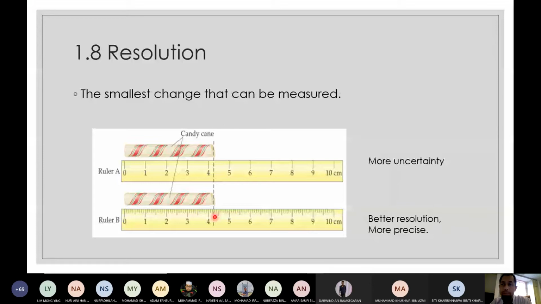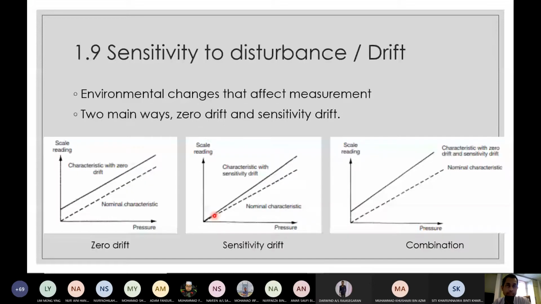And then the next point, point number 9, is sensitivity to disturbance. It basically means there might be some other external parameters that affect your measurement.